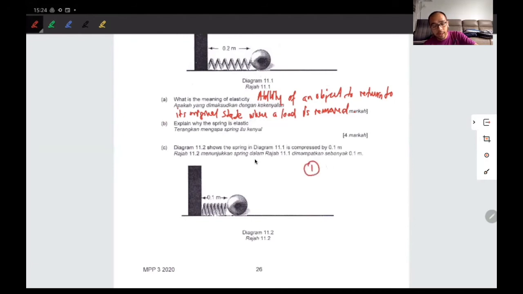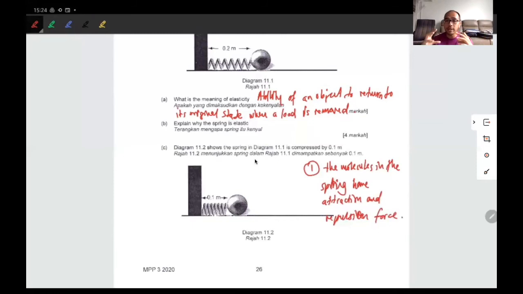The molecules in the spring have attraction and repulsion force. So the molecules in the spring are attracting and repelling at the same time. They're always attracting and repelling.